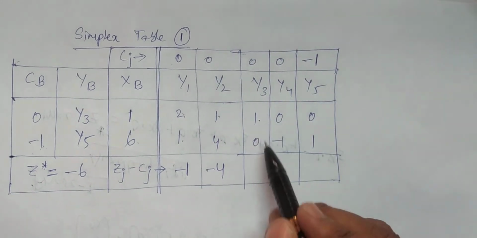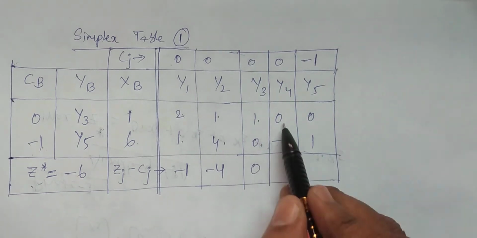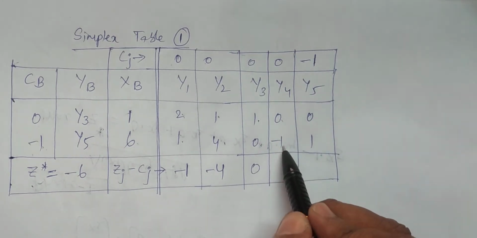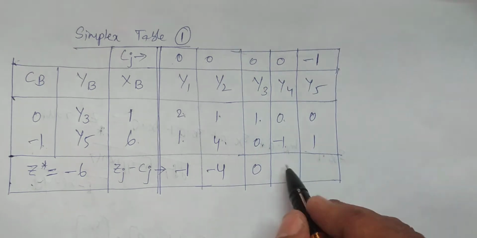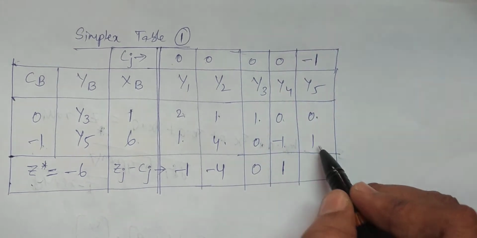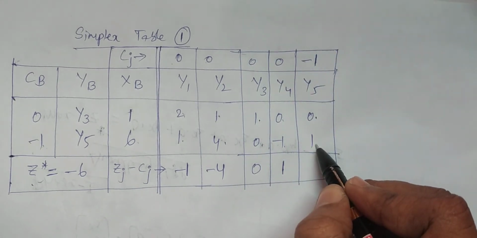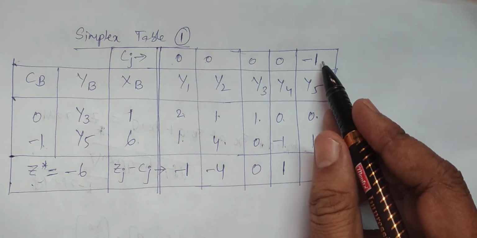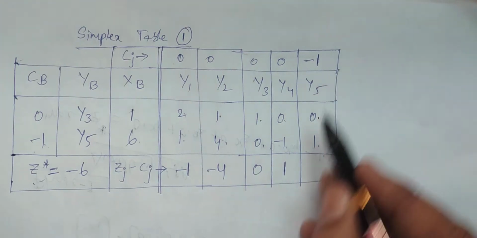Then 0 into 1, -1 into 0, that gives 0. Then 0 into 0, -1 into 1 is -1, minus of -1, plus 1, so that is 1. Then 0 into 0, -1 into 1 is -1, minus of -1, plus 1, so that is 0.